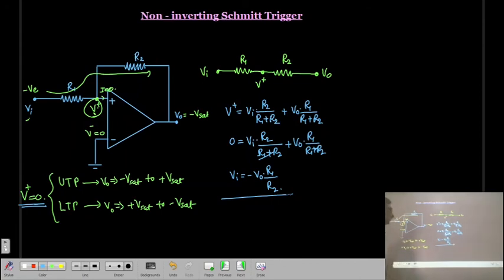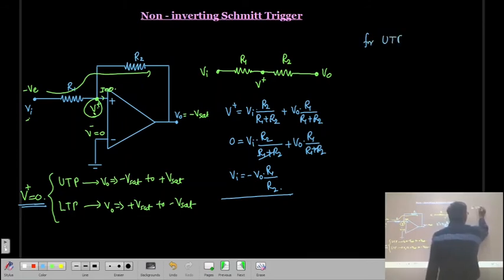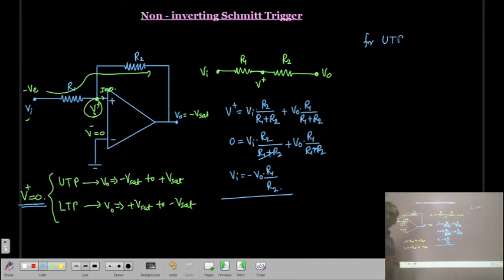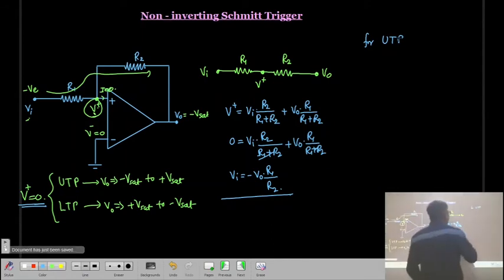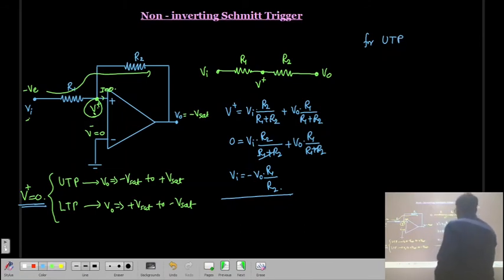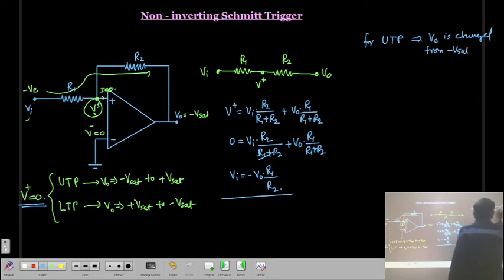Correct? So for UTP, the output voltage is changing from minus V saturation to plus V saturation. Remember. So we can write here, for UTP, VO changes from minus V saturation to plus V saturation.